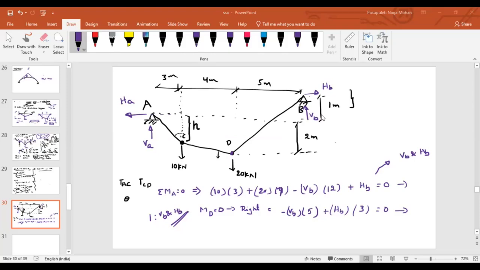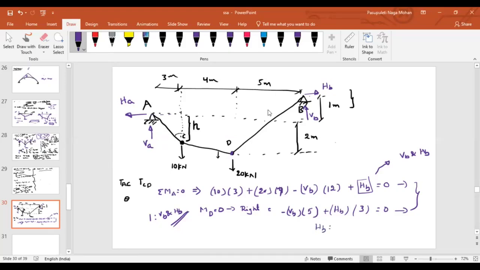Let's confirm with others. So tell me one thing, if you are solving this, which one have you substituted in the equations, HB or VB? If I were in your position, as HB is a single value here, I will directly take HB in terms of VB.